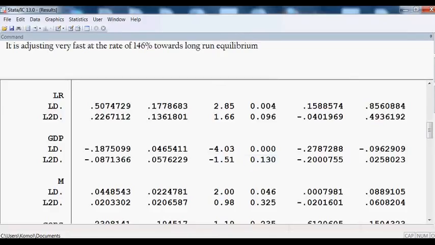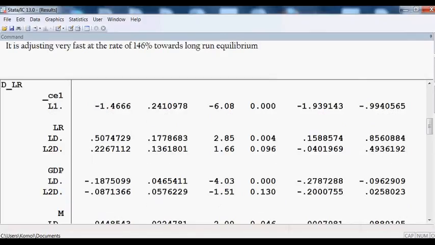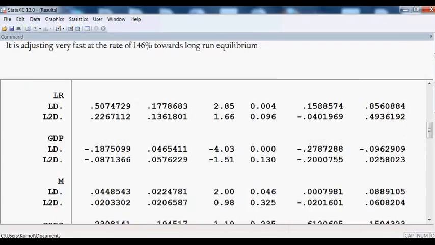What about the lag 1 of money supply? Yes, it is significant individually. And what about lag 2? No, it is not significant individually to explain our dependent variable, which is DLR.